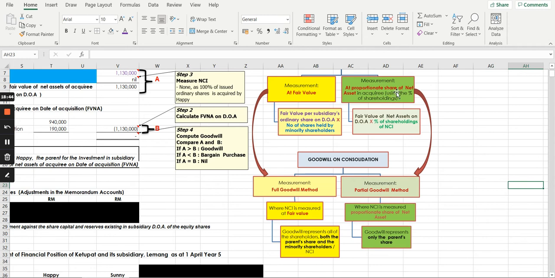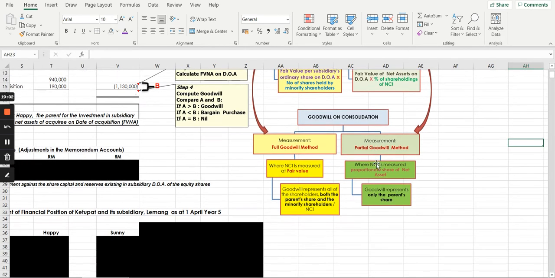So you take the percentage acquired by the non-controlling shareholder, multiplied by the fair value of net asset. So here none, because there is no percentage acquired by the non-controlling shareholder. So if you measure using the partial goodwill method, NCI is measured at proportionate share of net asset. Goodwill will only represent the parent share.